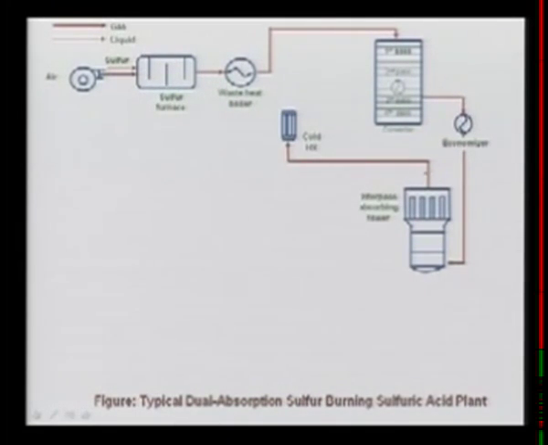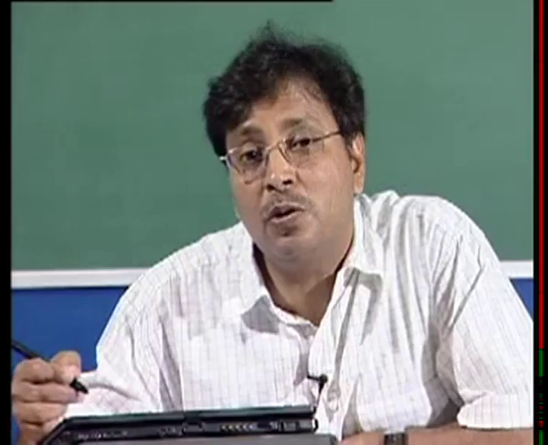Here we are no more putting this into the atmosphere, but we are converting the SO2 that was left, which remained unconverted and in my earlier process was going to the atmosphere, back into SO3.